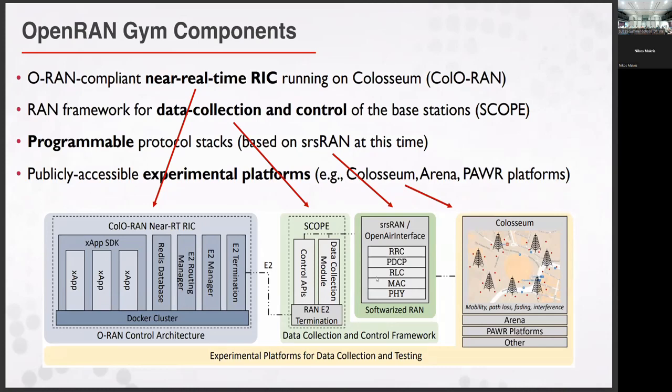As I said, right now it's based on the 4G SRS RAN stack, and that's the softwarized RAN. Then we have this API-based system called SCOPE, which allows us to do data collection and control. So this is something where you're able to do not only data collection, but also the development of models and do some inference and training, both offline and online.